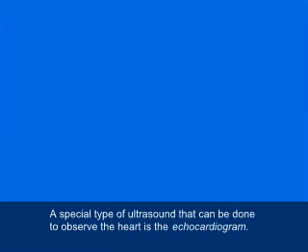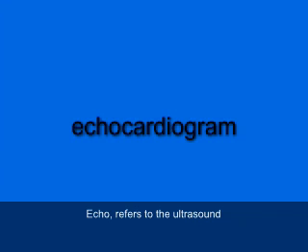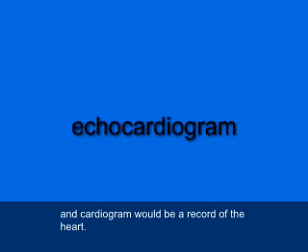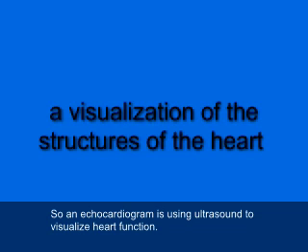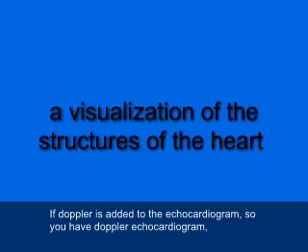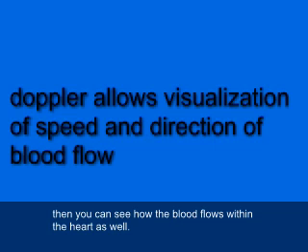A special type of ultrasound that can be done to observe the heart is the echocardiogram. Echo refers to the ultrasound, and cardiogram would be a record of the heart. So an echocardiogram is using ultrasound to visualize heart function. If Doppler is added to the echocardiogram, so you have Doppler echocardiogram, then you can see how the blood flows within the heart as well.